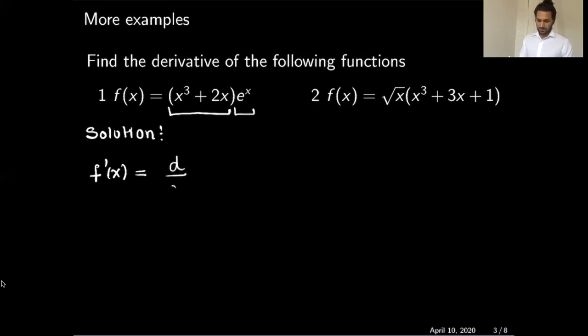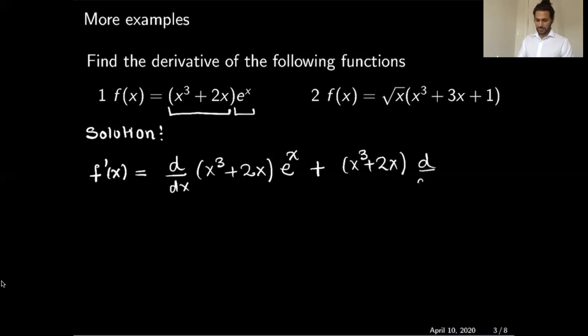So this is dy/dx of the first function, the derivative of the first function, x cubed plus 2x. e to the power x will stay as it is, and then we add an addition sign. This time x cubed plus 2x will stay as it is, and I will calculate the derivative of e to the power x.